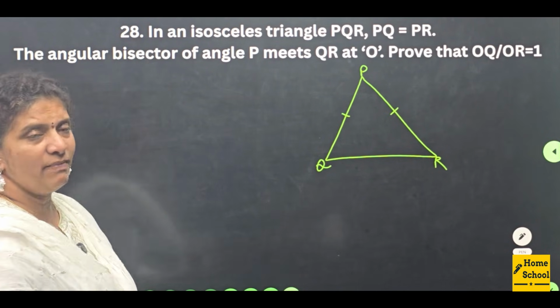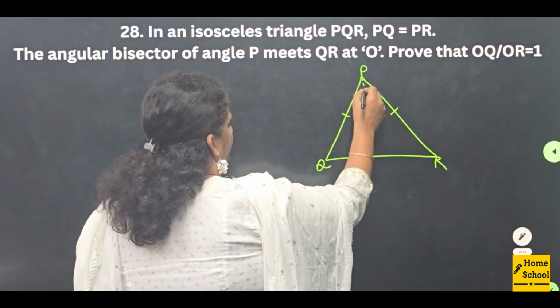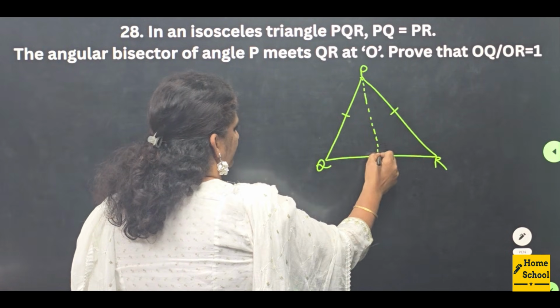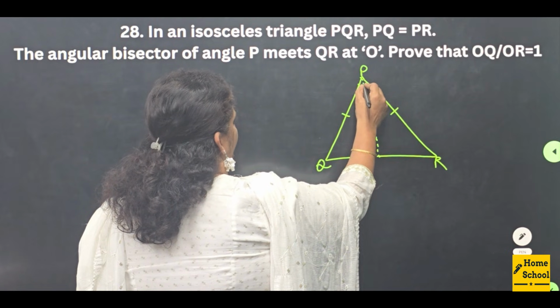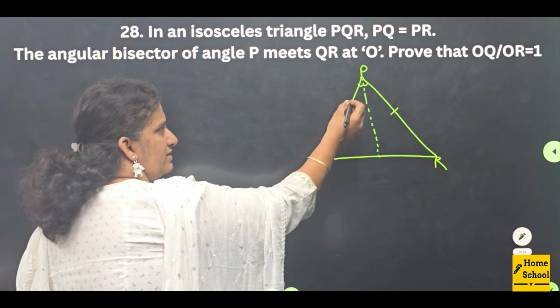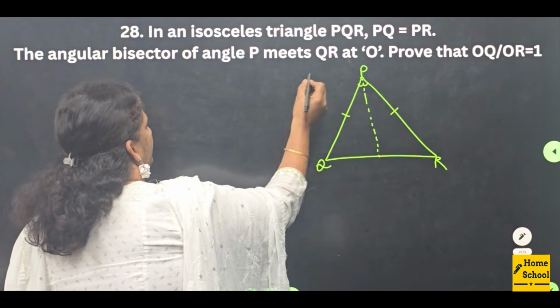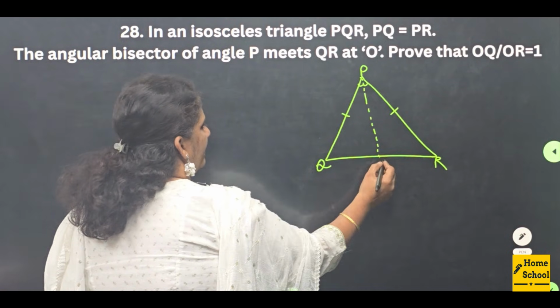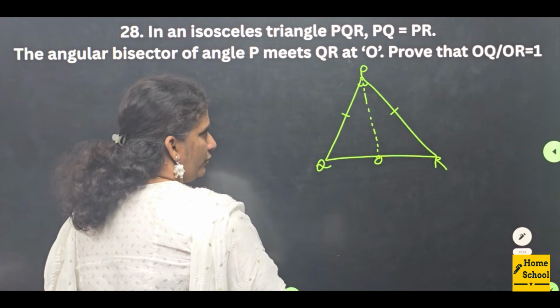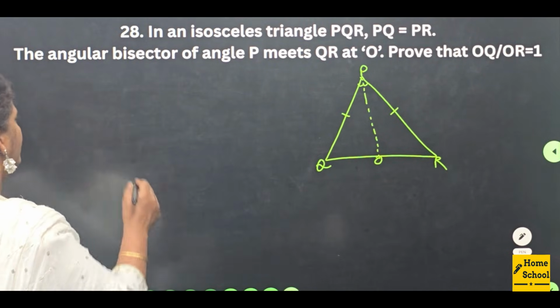The angular bisector of angle P. Angular bisector, okay, this angle is equal to this angle. Angular bisector means the angle is bisected equally. Angle P meets QR at O. Prove that OQ by OR is equal to 1.